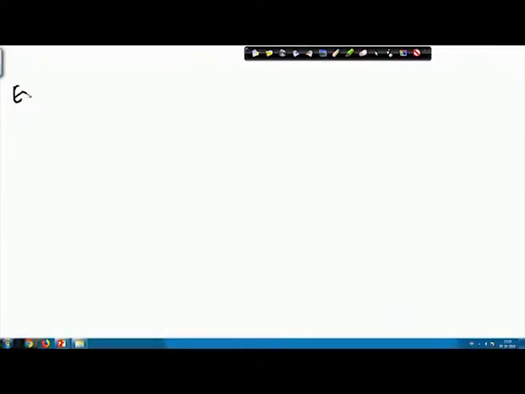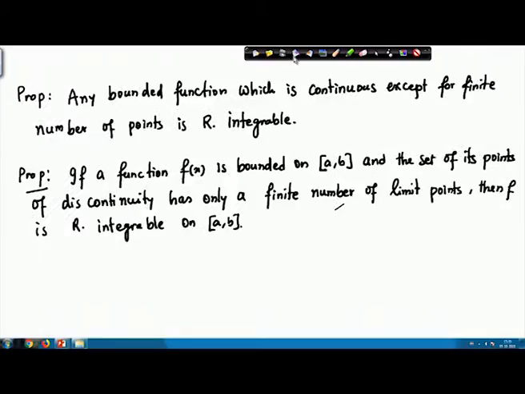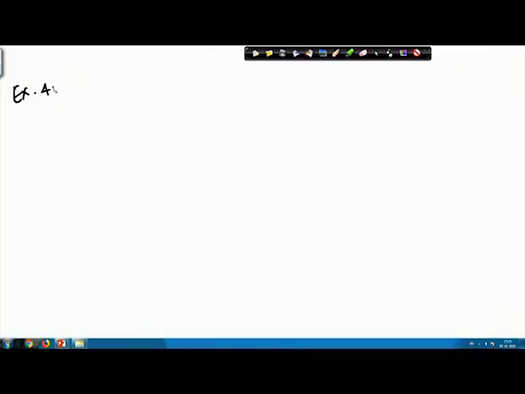So, let us consider this example here. This will be our example 4.